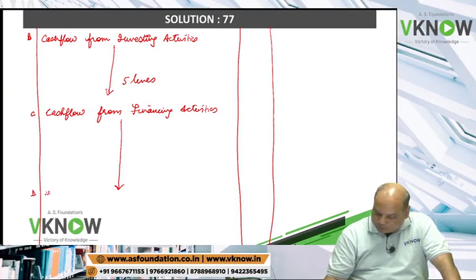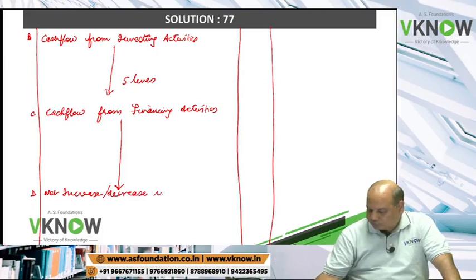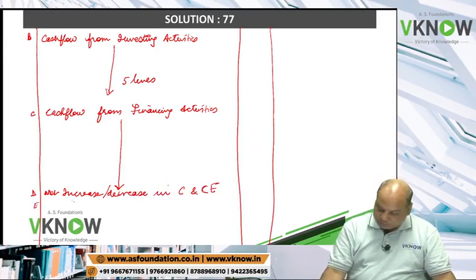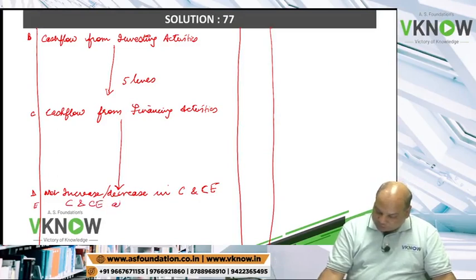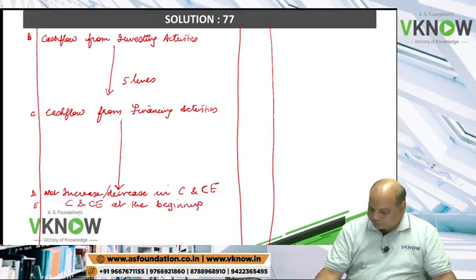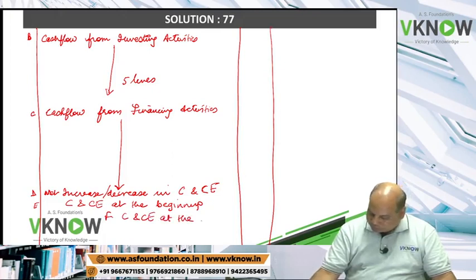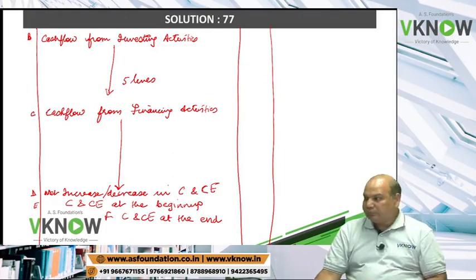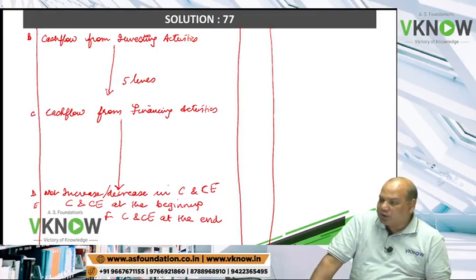Point number D, net increase or decrease in cash and cash equivalent. Point number E, cash and cash equivalent at the beginning. Point number F, cash and cash equivalent at the end.